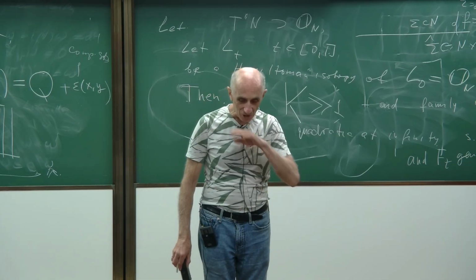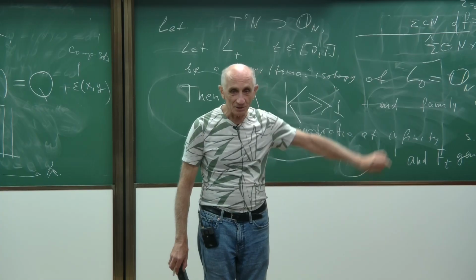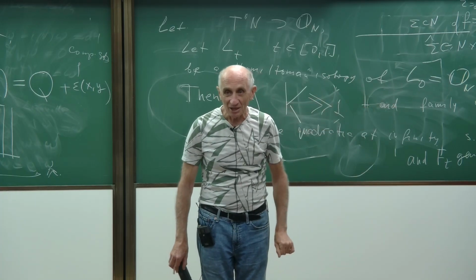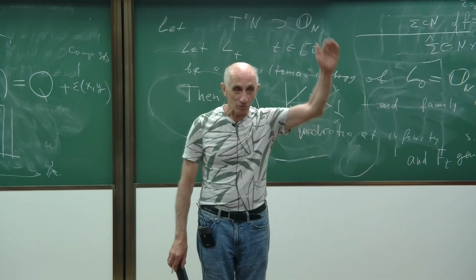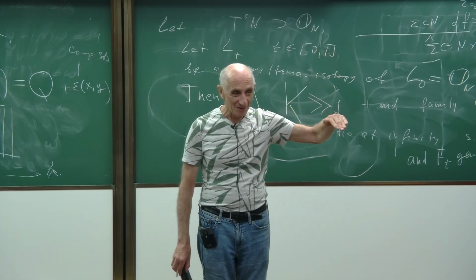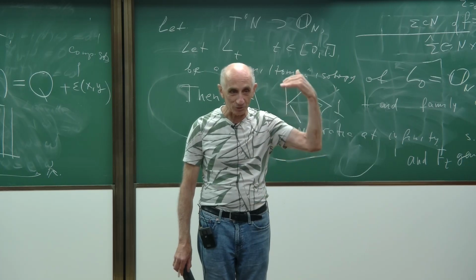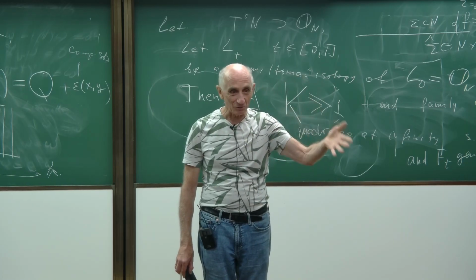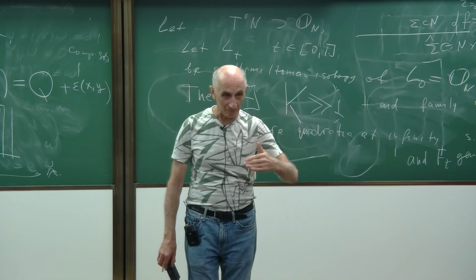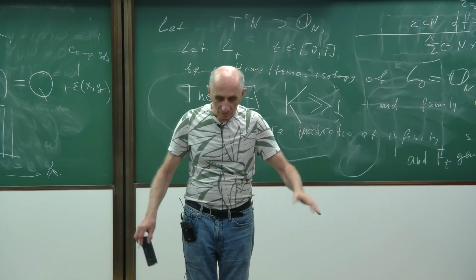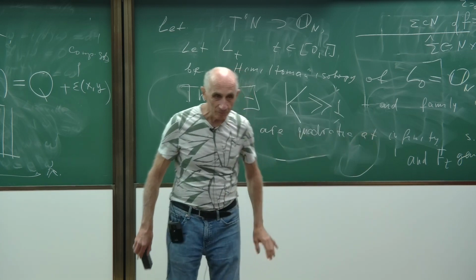And then came Chekanov, who did it in the Legendrian case, and who realized that there is a very simple reduction from manifold to submanifold. And therefore the fact that any manifold embeds into R^n already allows you to reduce the general case of any manifold to R^n. Okay, so that's where it belongs.